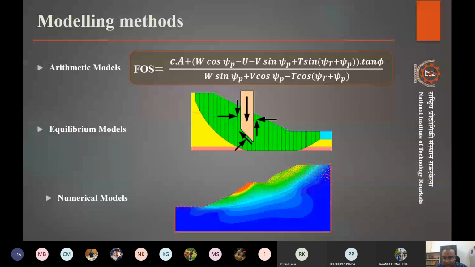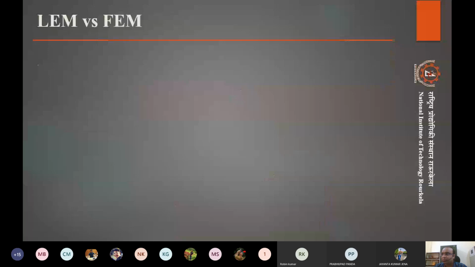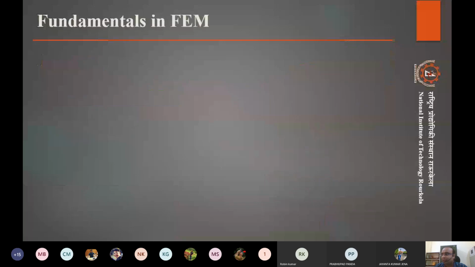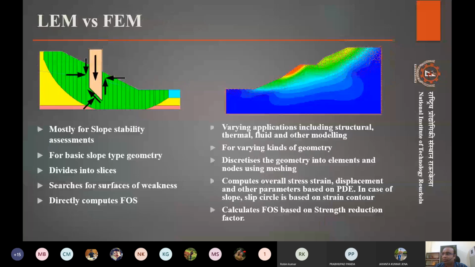Now that's the beauty of finite element, that all kinds of processes can be done. Last time we discussed the various comparisons in finite element, and we saw how, while we can use both LEM and FEM for slope stability analysis, LEM is quite restricted to that aspect, because that's how the software is designed.